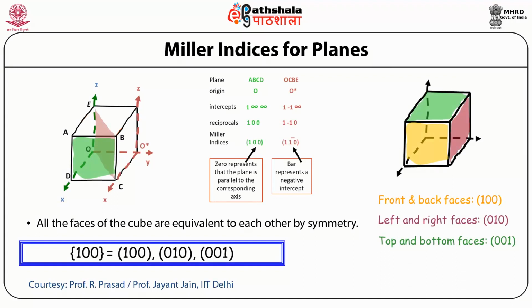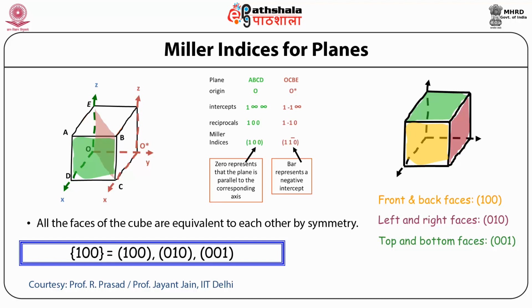Now let us take the example of how we can find the Miller indices. You can see on the left-hand side that all the faces of the cube are equivalent to each other by symmetry. But if I talk about the green plane, that is A, B, C, D, its intercepts will be 1, infinity, infinity. Why? Because the plane intersects the x-axis at 1, whereas it is infinity for y and z.